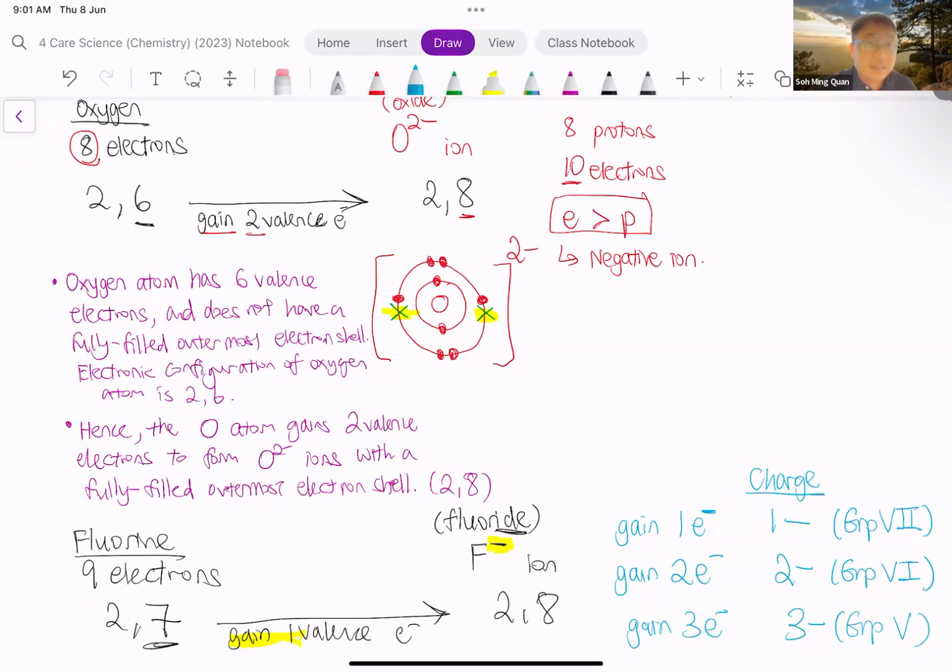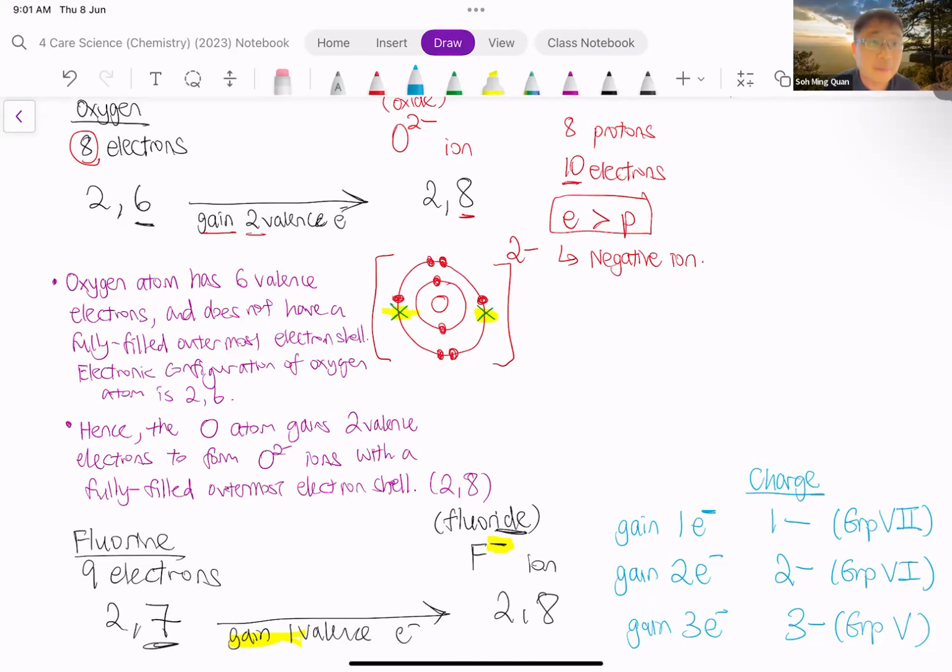And with that, we can see the non-metals are the reverse of metals. Non-metals will gain valence electrons to form negative ions with a fully filled outermost electron shell. How many valence electrons are gained depends on the group of the element. So from the group, we can work out what's the charge of the ion.